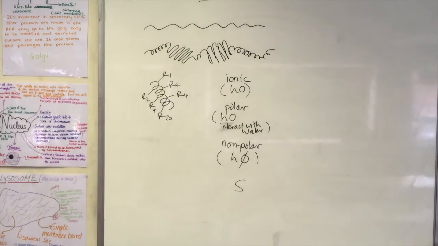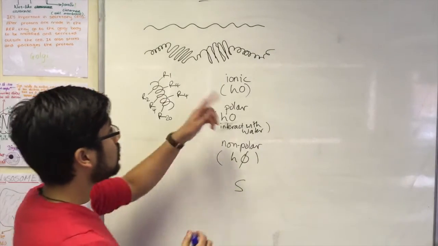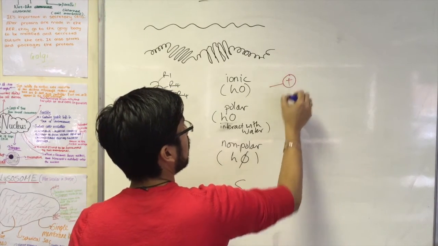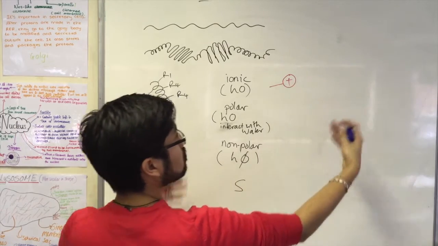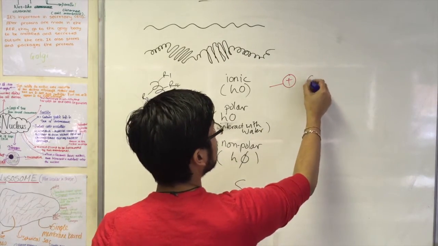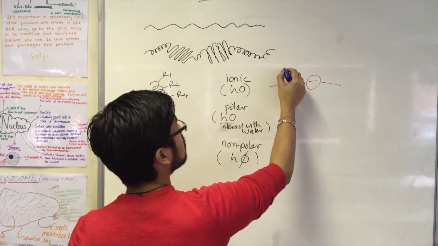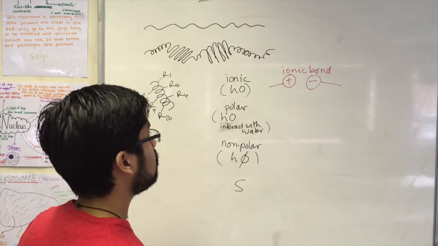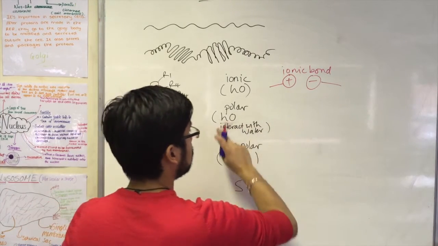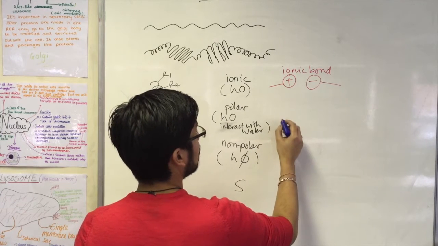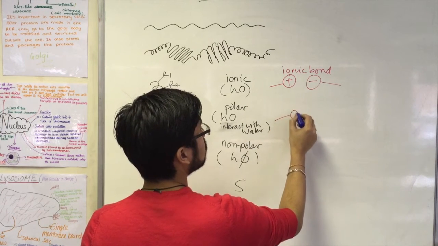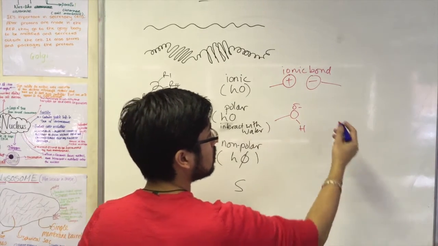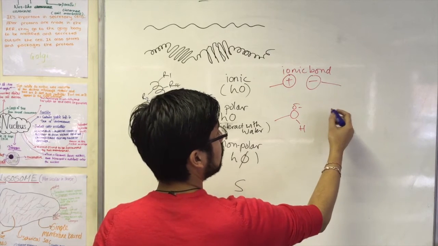Now, if you've got ionic R groups, an R group might be sticking out from somewhere, and it's positive, and if it comes into contact with an R group that is negative, they will form an ionic bond. Okay? You might have polar R groups, in which case it might be something, for example, like an OH group with an oxygen that is partially negative, and it might come into contact with another polar group.